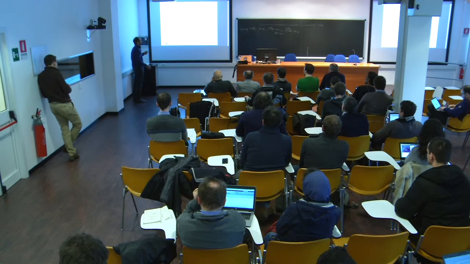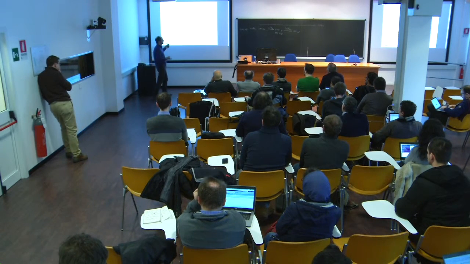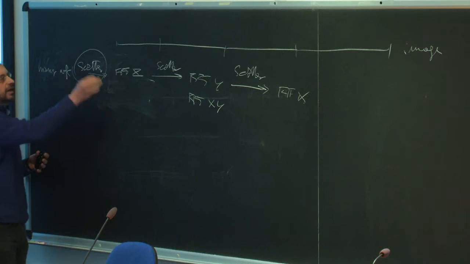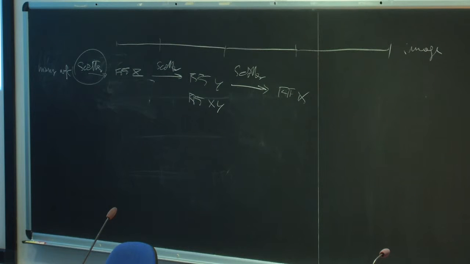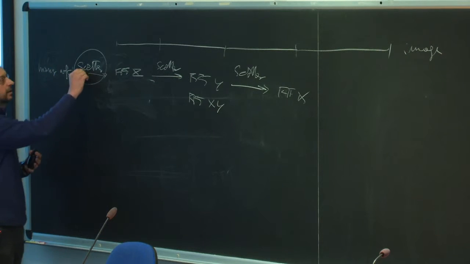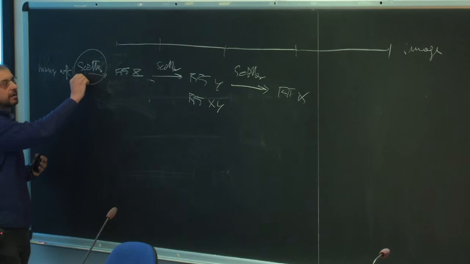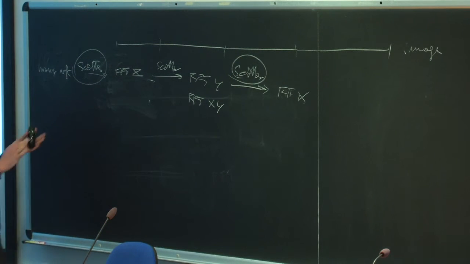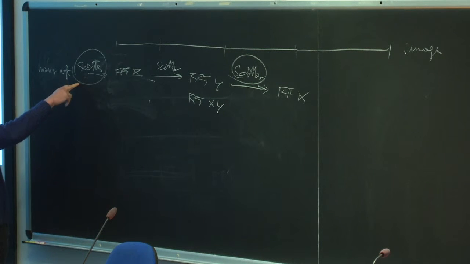The advantage of the task group parallelization is that it does this collection of, in a certain sense, it does the same. I mean, we can redistribute data here, or we can redistribute data here, and the amount of calculation in the end is the same, but what happens is that if you do this, you distribute bigger blocks of the wave functions less times.